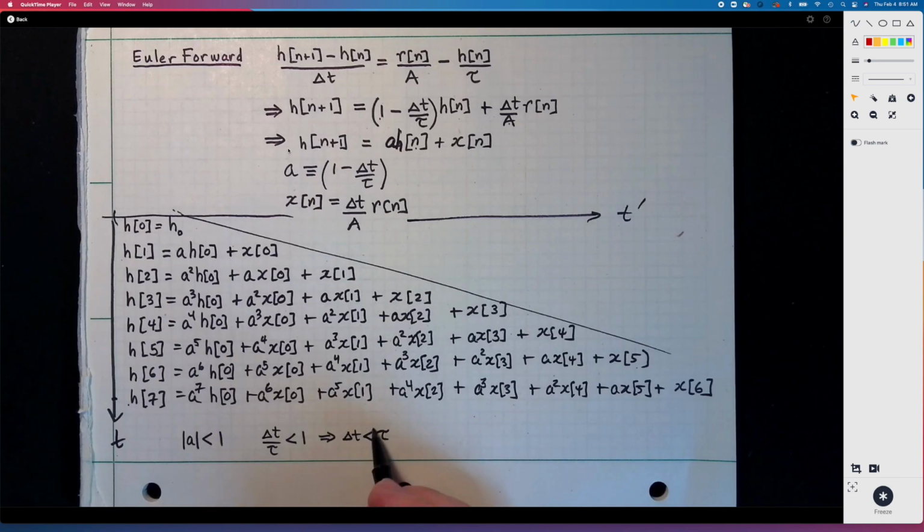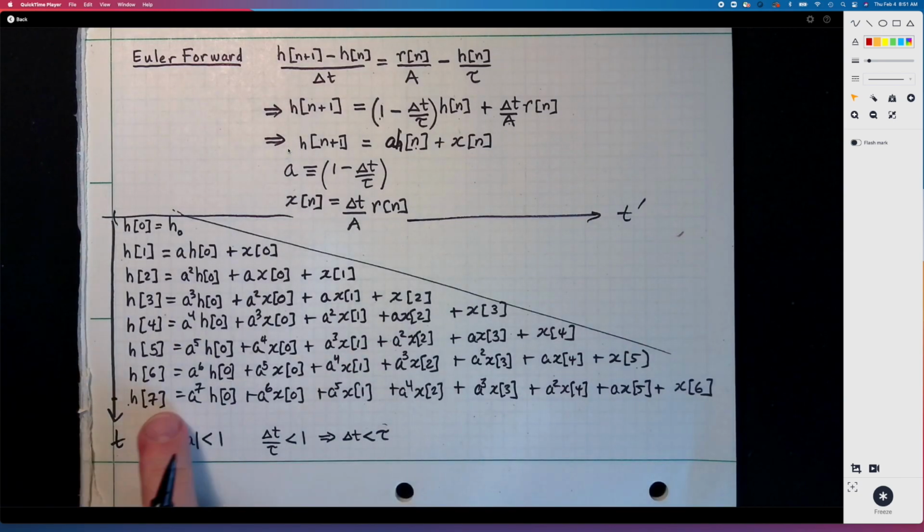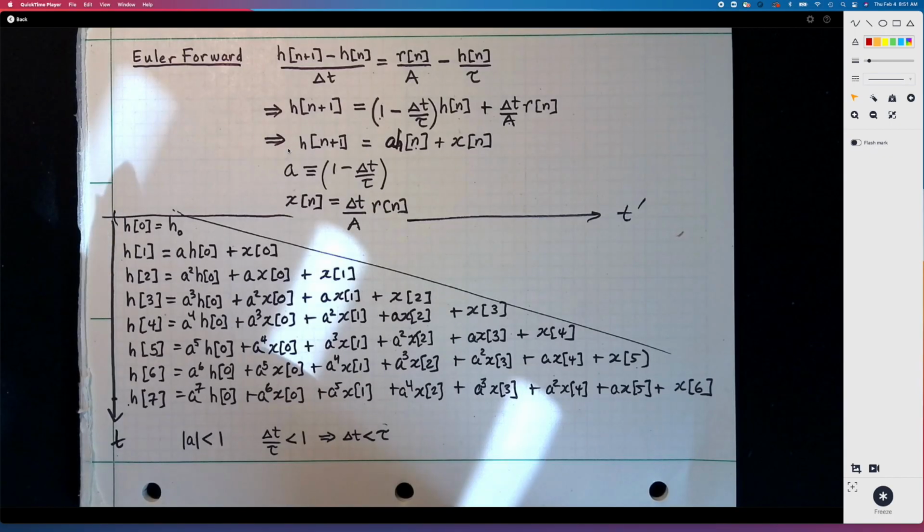So in other words, I have to be able to resolve this decaying exponential. If my time step is too big and I step over the characteristic decay time scale, then the Euler forward solution blows up, and it's not faithful to the continuous system that I'm trying to solve.